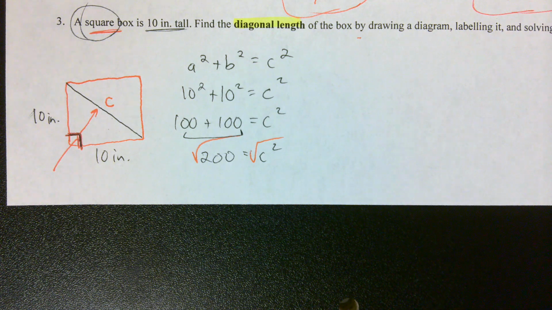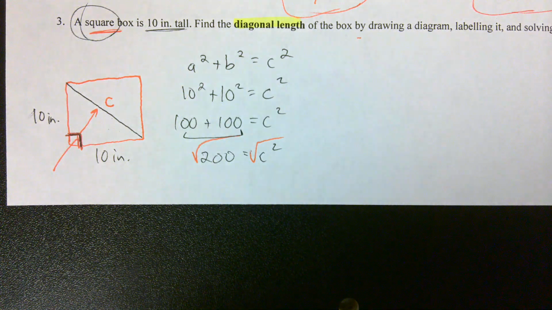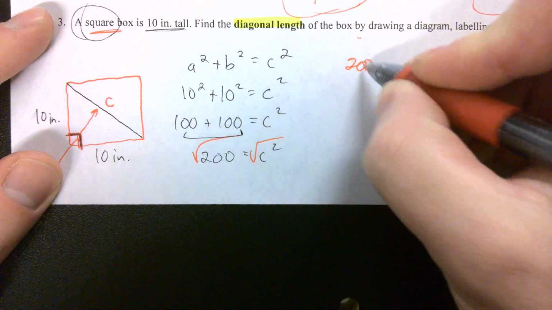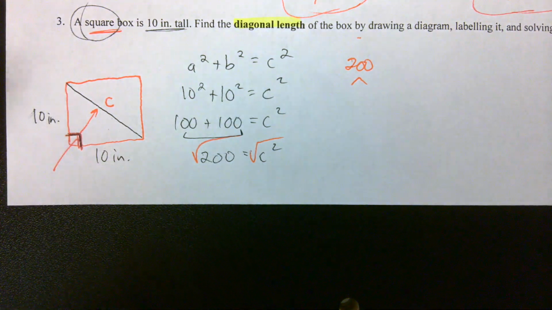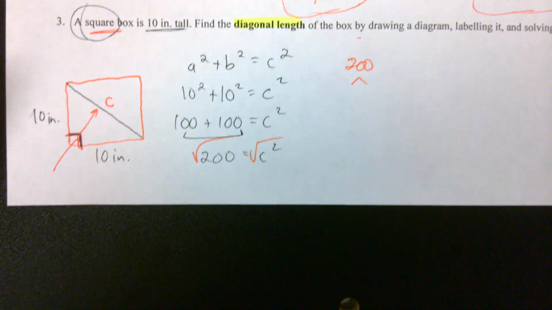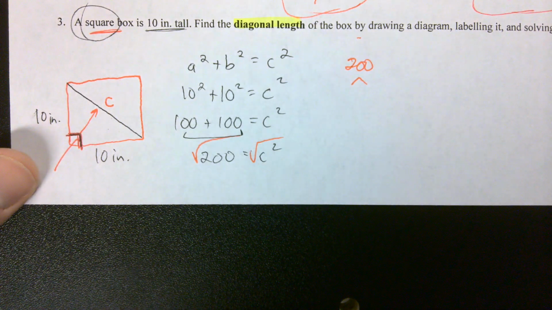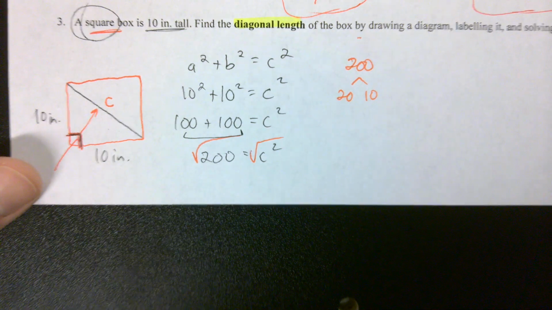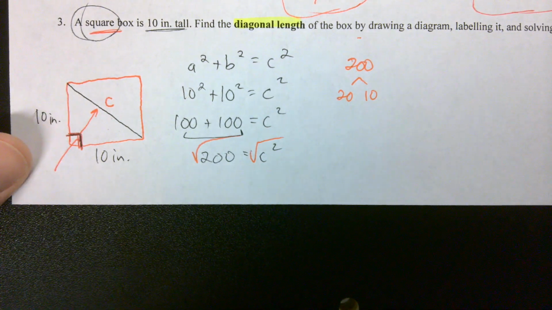We're not estimating. We got to simplify, break this down with a factor tree. What 2 numbers multiply to give me 200? It's a bunch of different possibilities. 20 and 10. Sure, let's do 20 and 10. You can do 100 times 2.